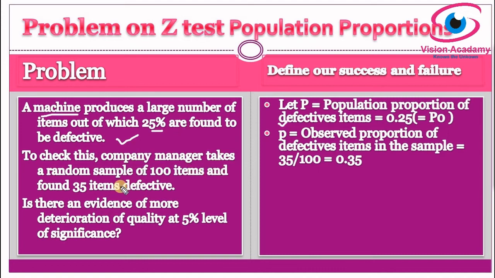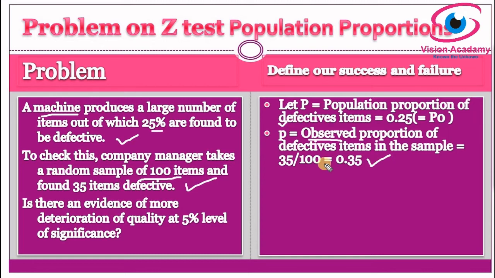A company manager takes a sample of 100 items and found 35% items are defective, which means these defective items came from the sample taken by the manager. So out of 100 samples, 35 items are defective, which means small p is the sample proportion, the observed proportion of defective items in the sample, which is 35 by 100 is equal to 0.35.